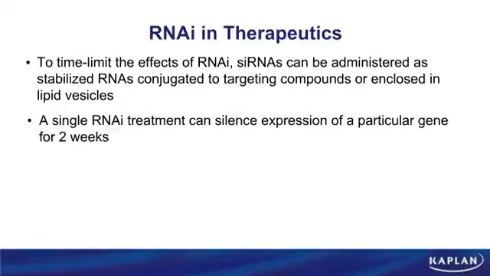A single RNAi treatment can silence gene expression for up to 2 weeks. That's pretty good if you think about it, because RNA is degraded very rapidly, and by conjugating the RNAi, you can get that type of therapy to last up to 2 weeks, knocking down gene expression.